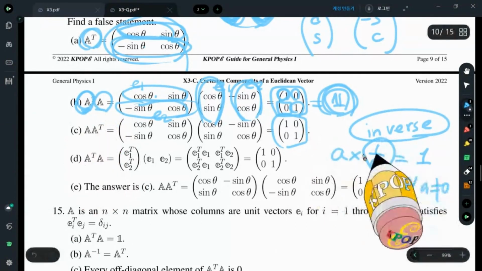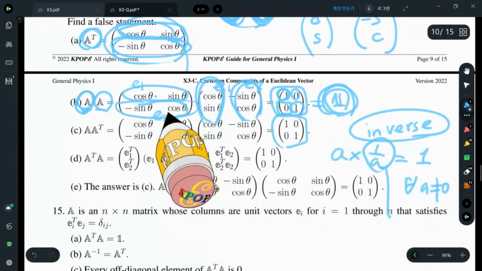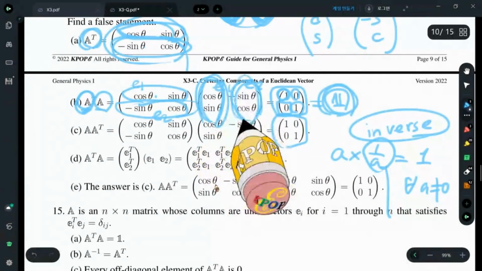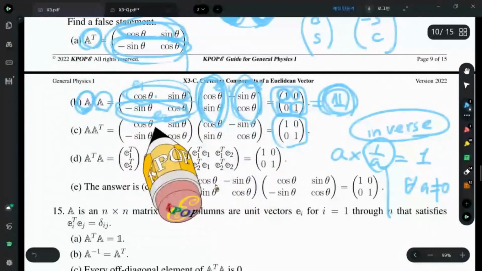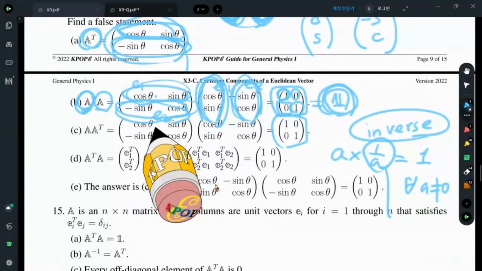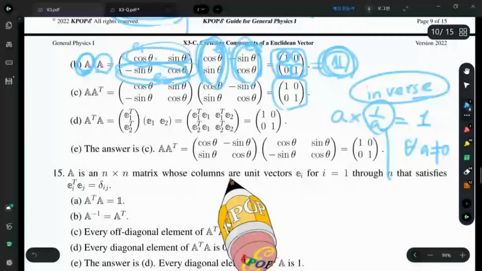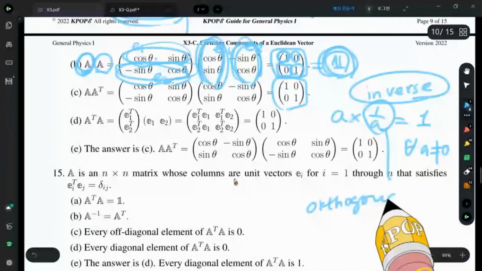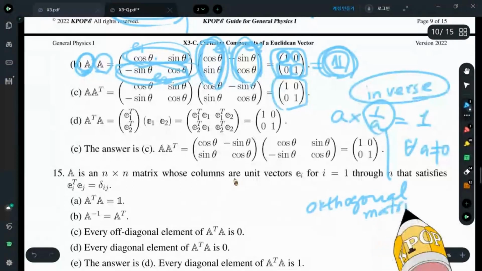But very strange, the inverse matrix is computed in a very simple way, that is, just flip the columns into rows. This special case is called the orthogonal matrix. Why?